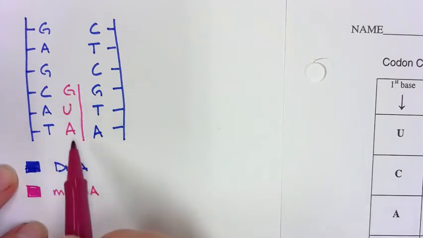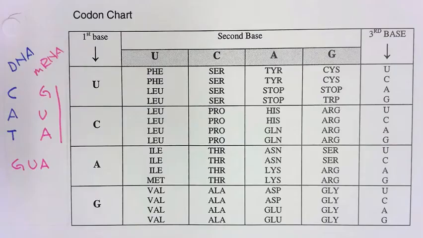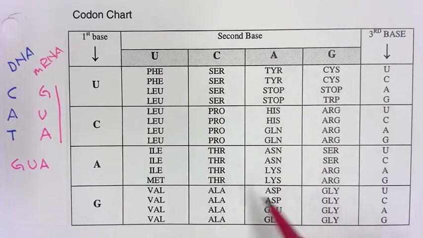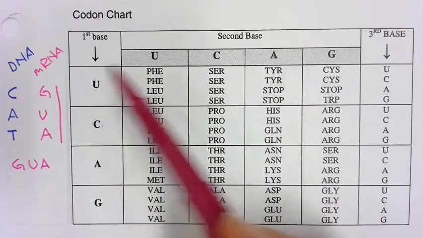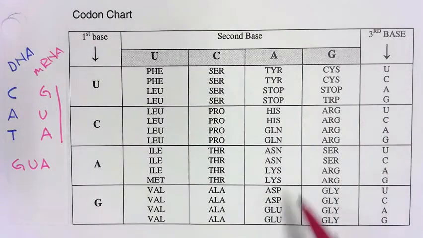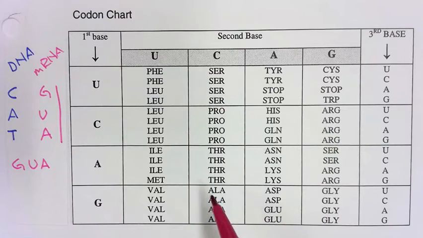But we want to learn what GUA codes for. This is called a codon chart. It's comprised of 3 different areas that we read from. If you take a moment, just take a quick peek in here, and you'll notice that it is not symmetrical or identical.